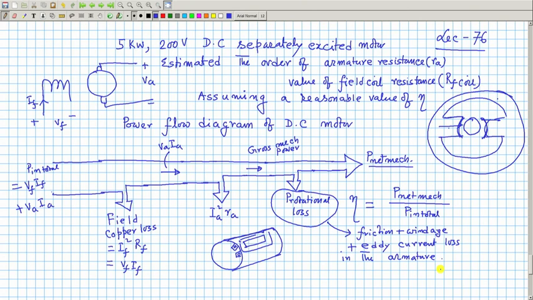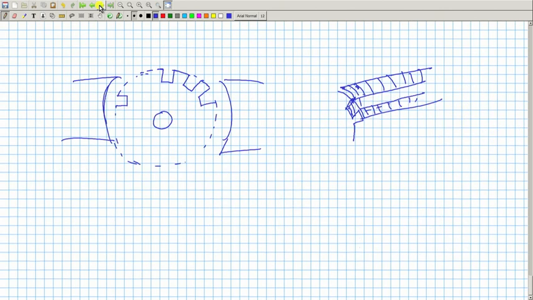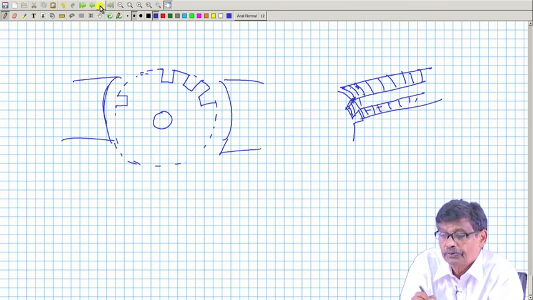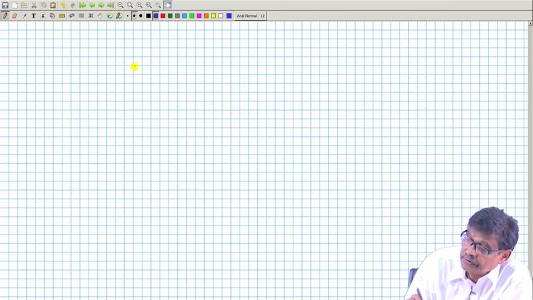So, now this understanding, you have this information, so that we now understand motor operation in a better way. Therefore, suppose I now consider a separately excited motor.